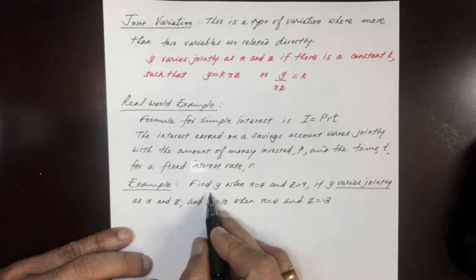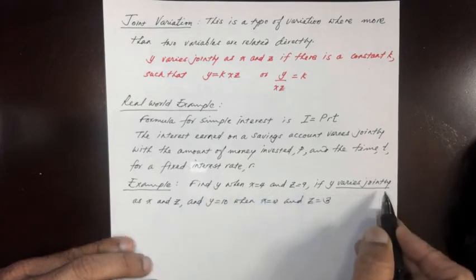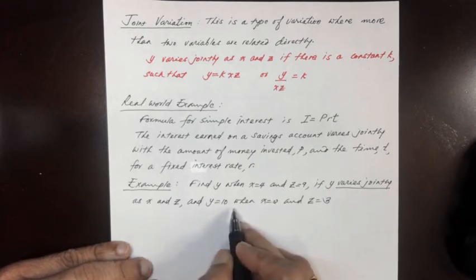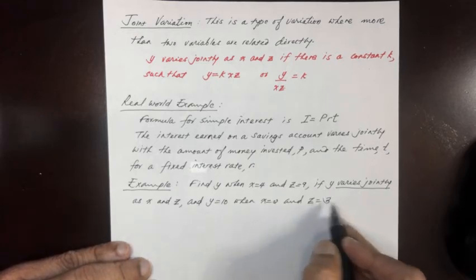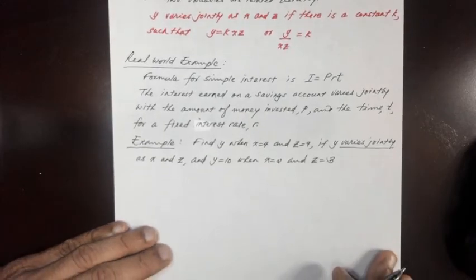Example: find y when x is equal to 4 and z equal to 9 if y varies jointly as x and z, and y is equal to 10 when x is equal to 2 and z equal to 3. Let's work out this problem.